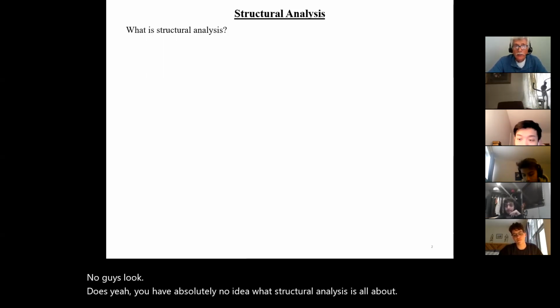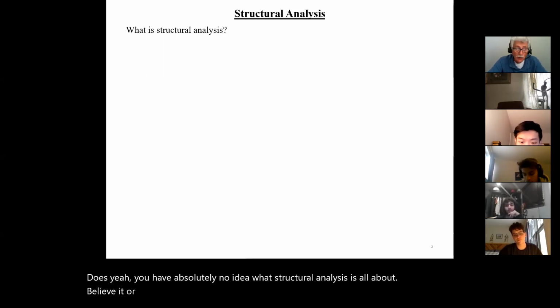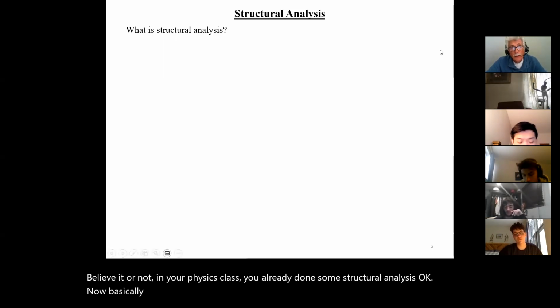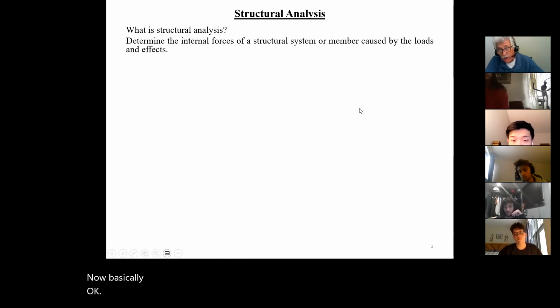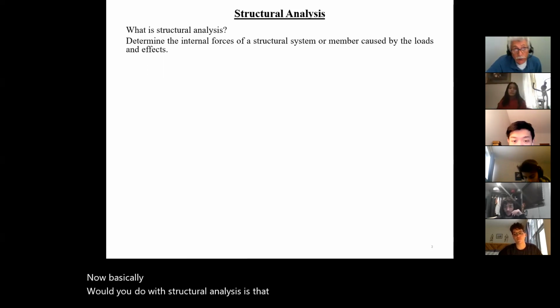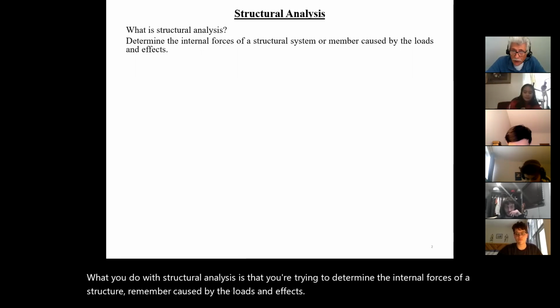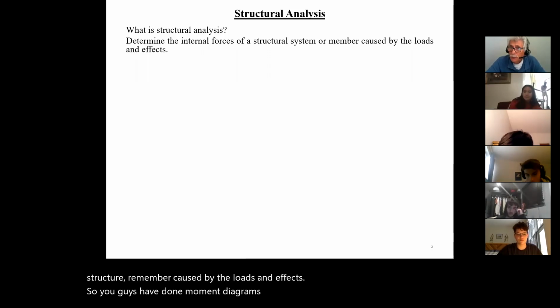Well, believe it or not, in your physics class, you've already done some structural analysis, okay? Now, basically, what you do with structural analysis is that you're trying to determine the internal forces of a structure, remember, caused by the loads and effects. So you guys have done moment diagrams in physics, right?